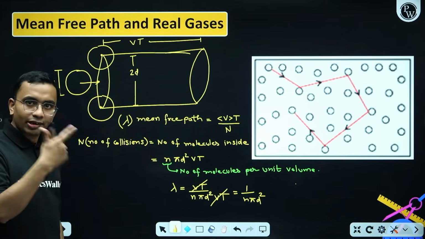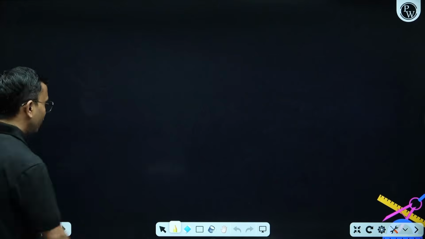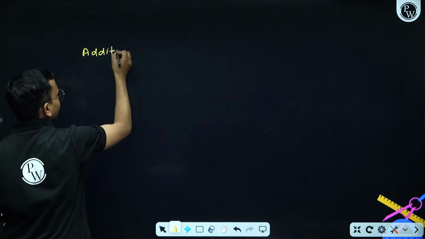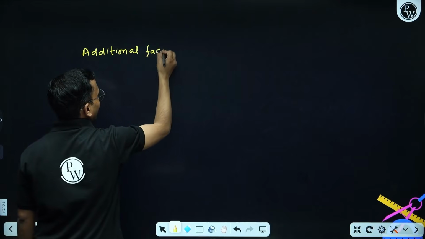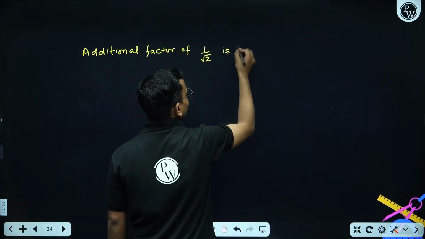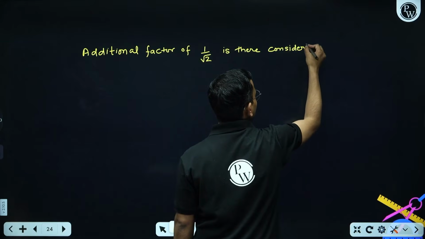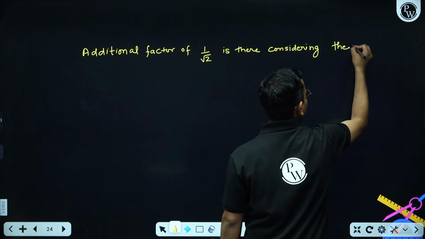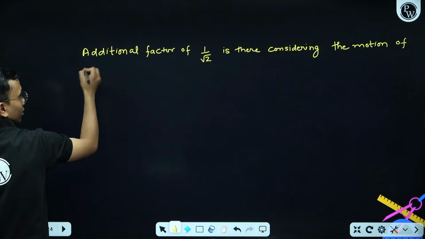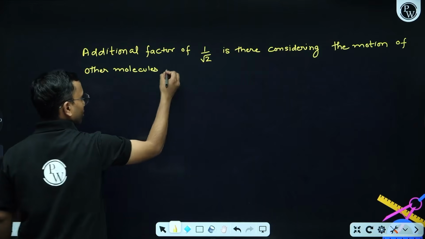So an additional factor of 1 by root 2 will come here, considering the motion of other molecules as well.